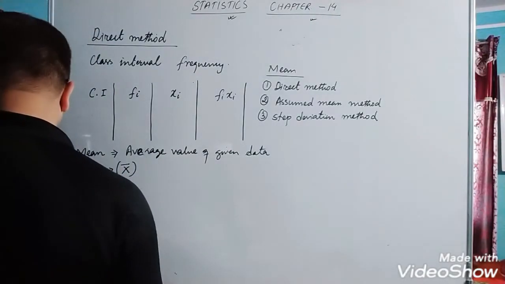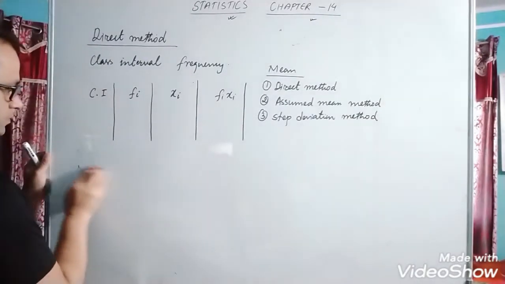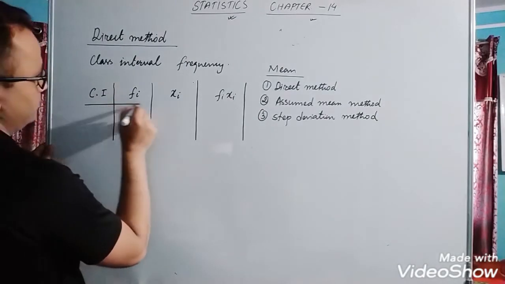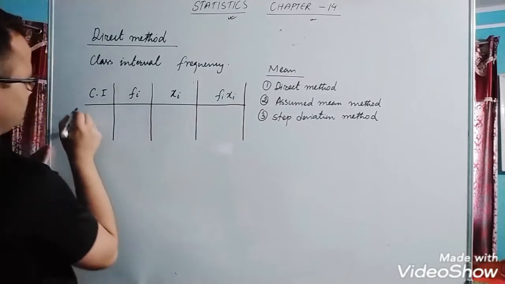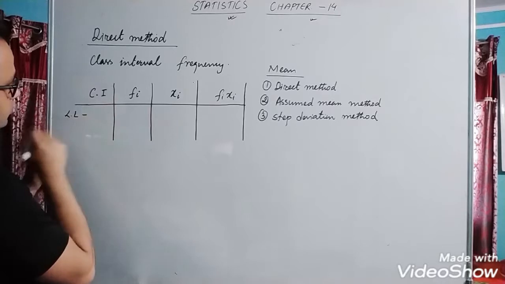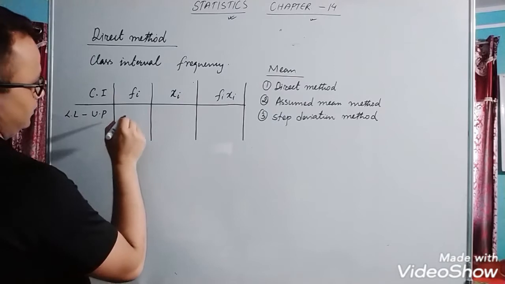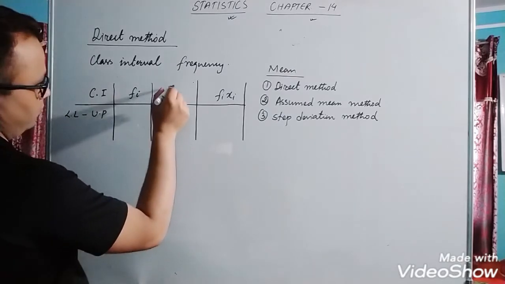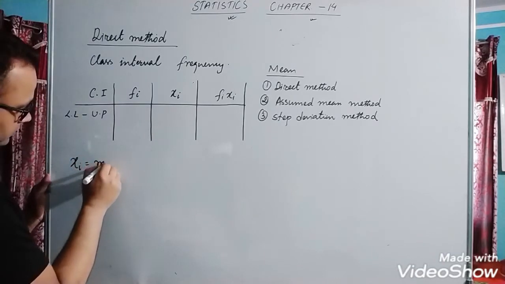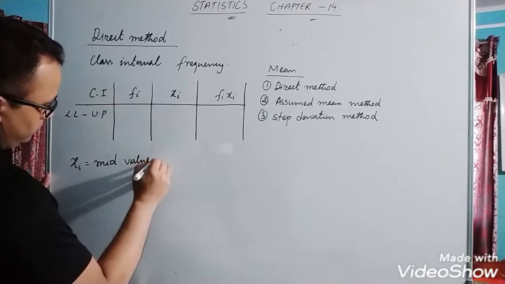In class interval, the interval is like this, lower limit to upper limit. Then frequencies. And what is this xi? Xi is the mid value of the interval.